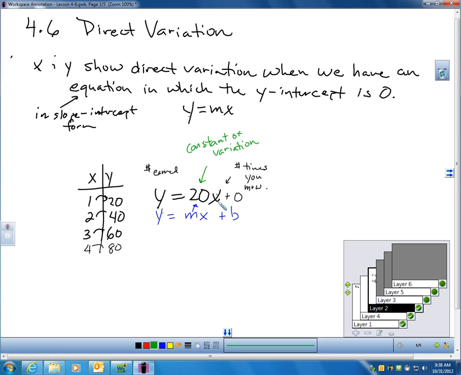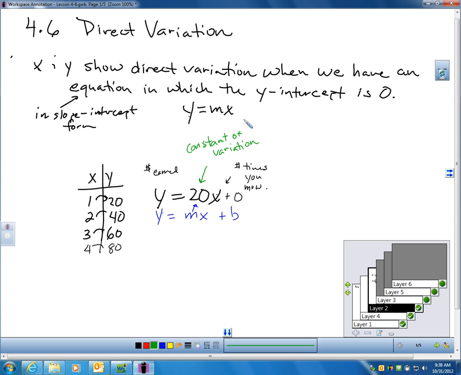In other words, every time you mow my lawn, you're going to get an additional $20. So that's what direct variation is. It's when you have an equation in which the y-intercept is 0, which means in slope-intercept form, your equation is just y equals mx. You don't see anything being added, it's 0. So I hope that real-life example makes sense.